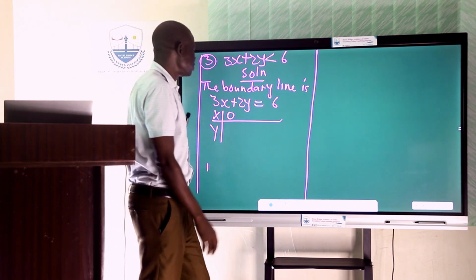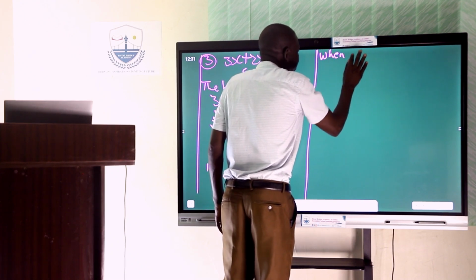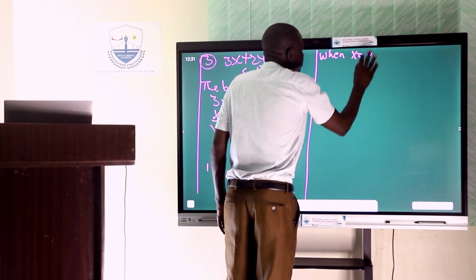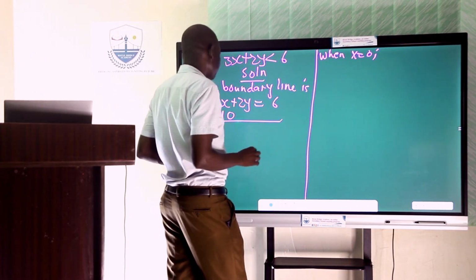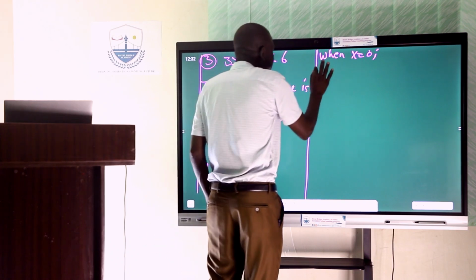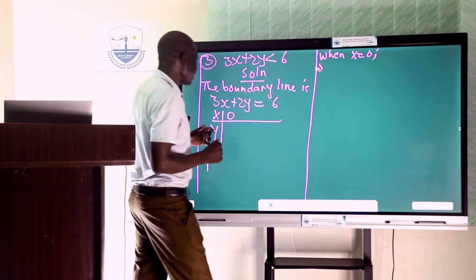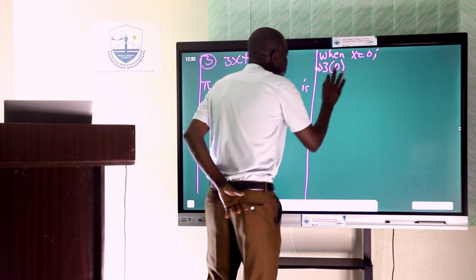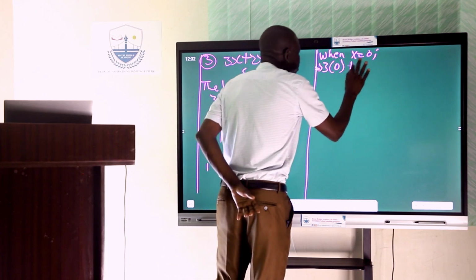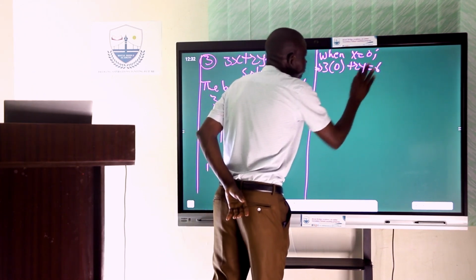We just substitute. We are saying when x is equal to 0, it implies that we substitute. Where there is an x, we put 0. We shall have 3 into 0, then plus 2y, and then equal to 6.